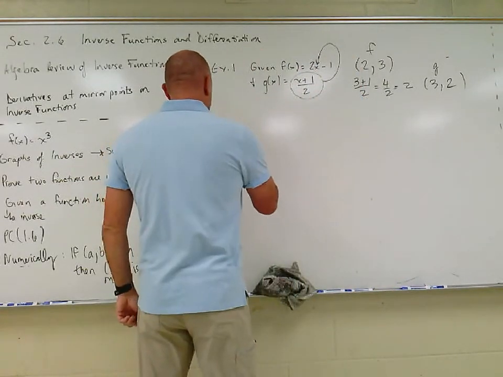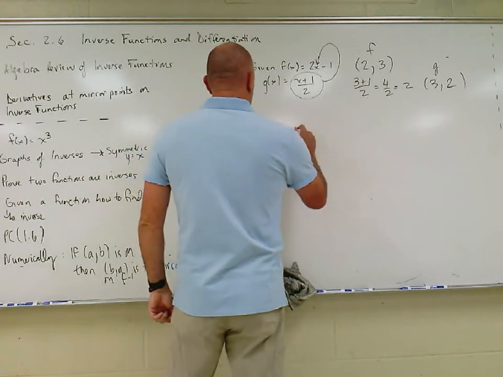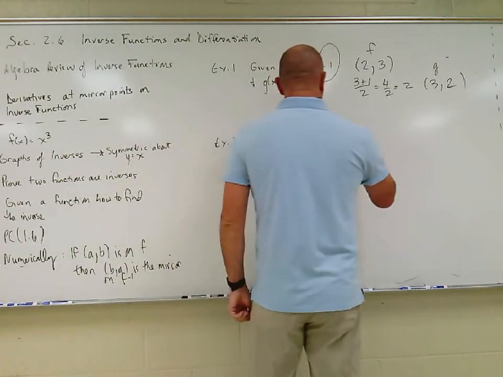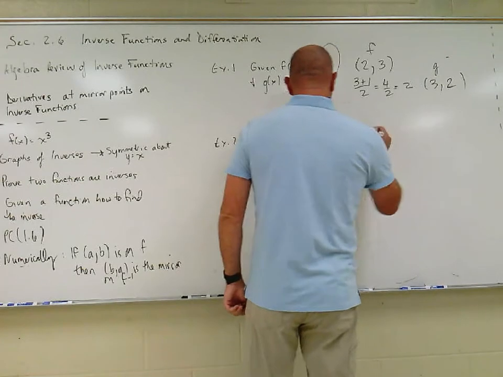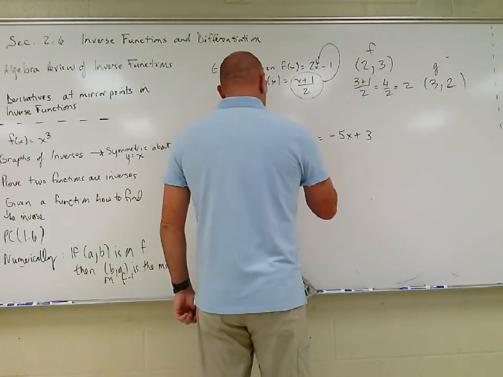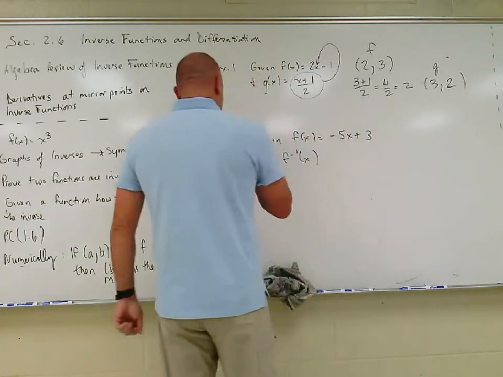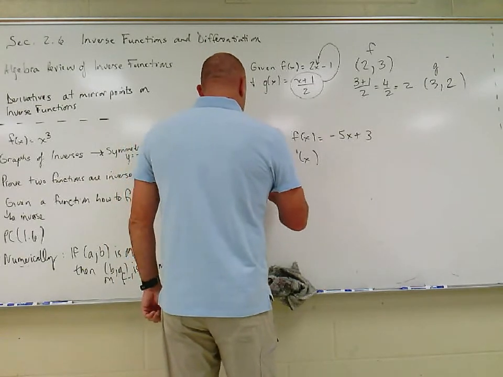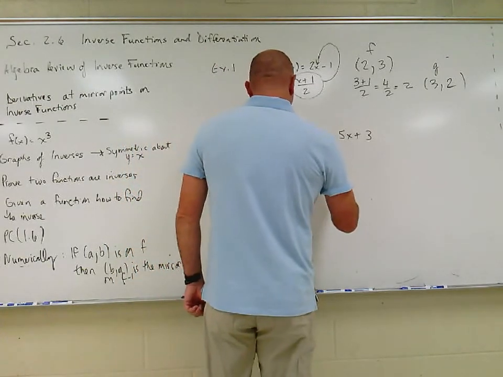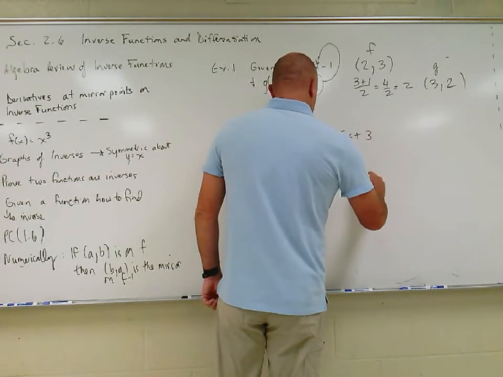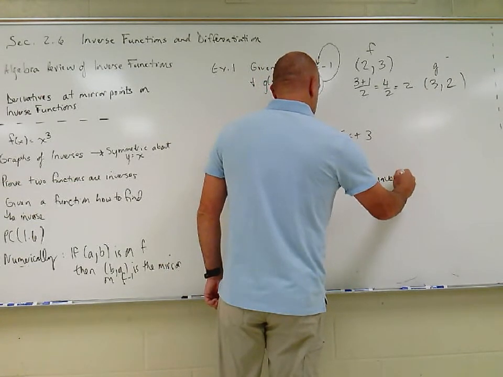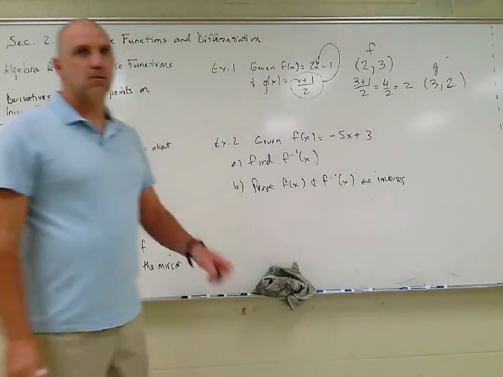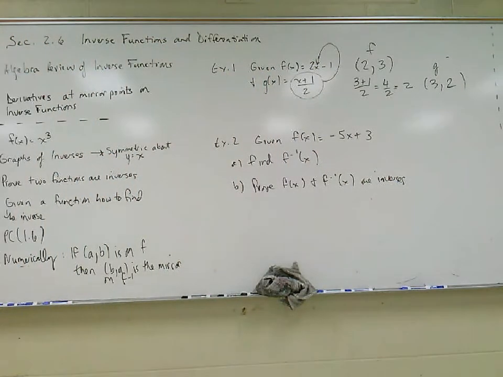So example 2, given f of x is -5x + 3, first find f inverse of x, part A, then B, prove f of x and f inverse of x are inverses. And now we will start to introduce the calculus.